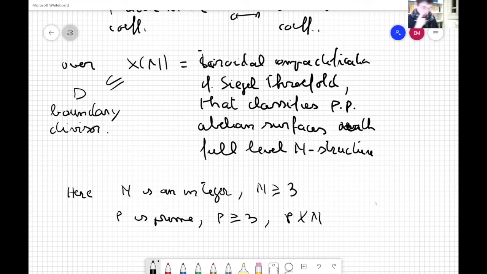It will play a role exactly as in the talk yesterday, when he had to introduce interior cohomology to have good comparison results. Okay.